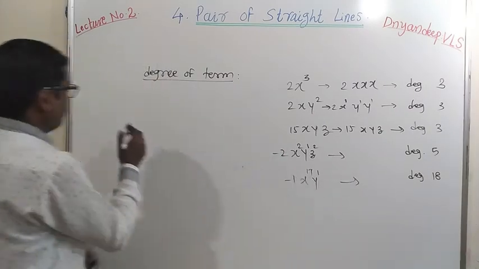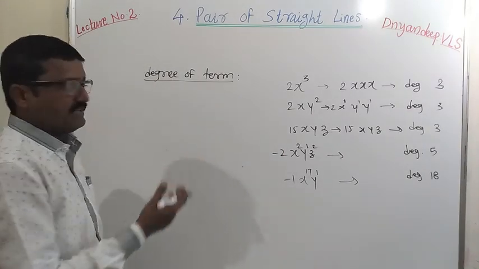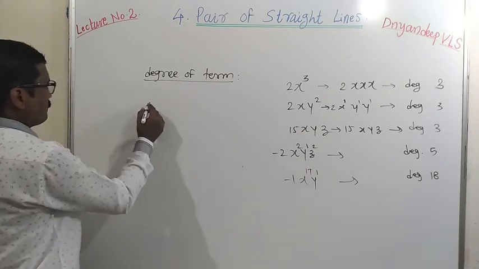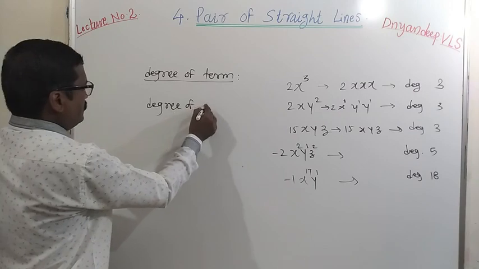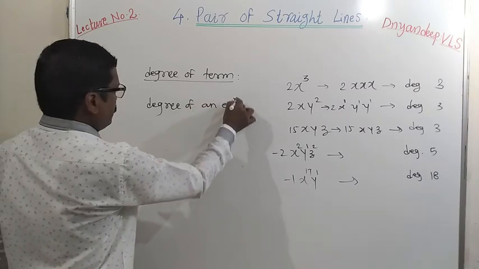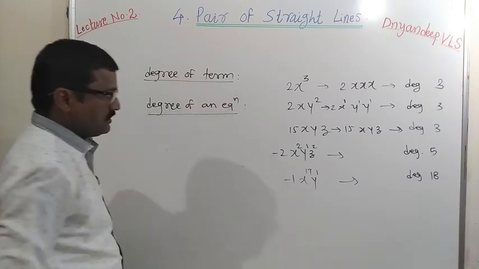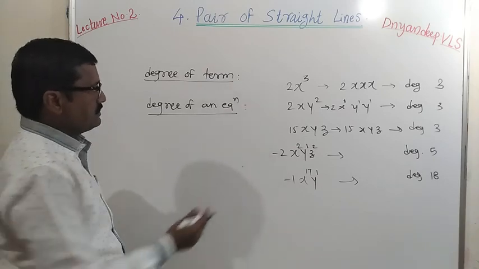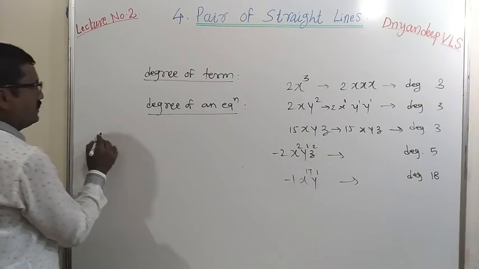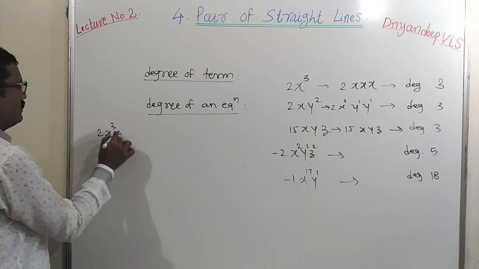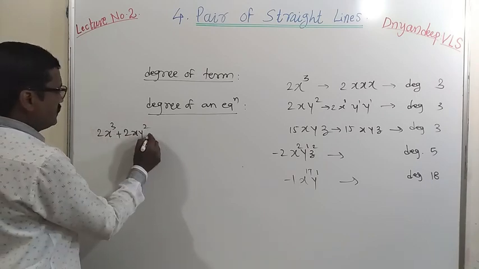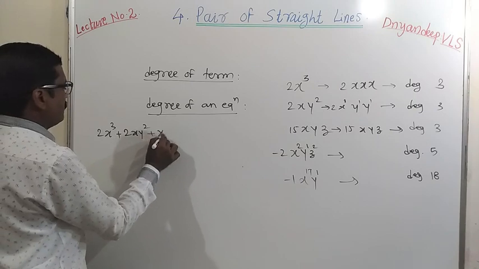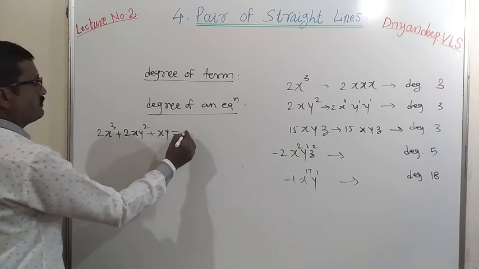In this way, if you take different terms, then they form an equation. So let us see once again the degree of an equation. Let us form an equation using these terms. Let us take 2x cube plus 2xy square plus, suppose another term, xy only, equal to 0.